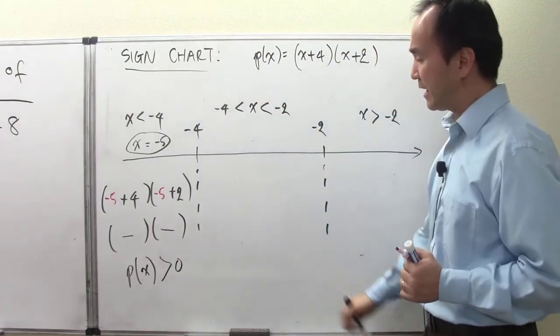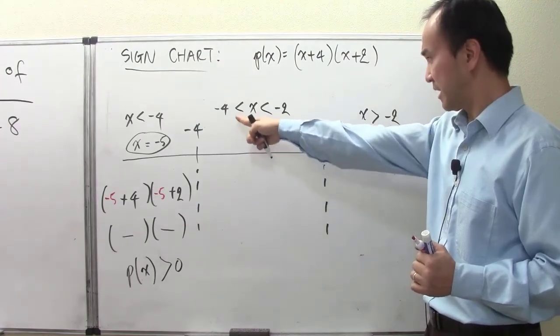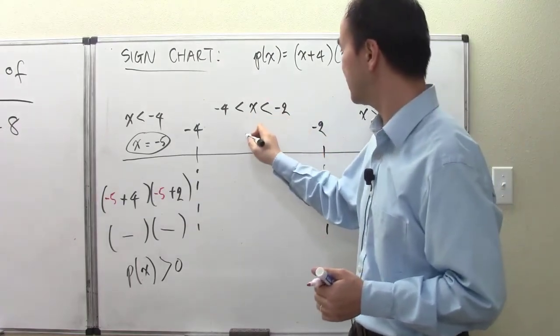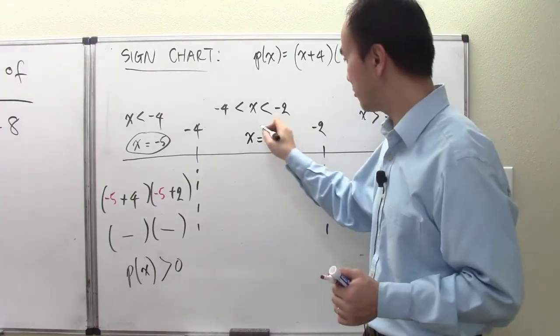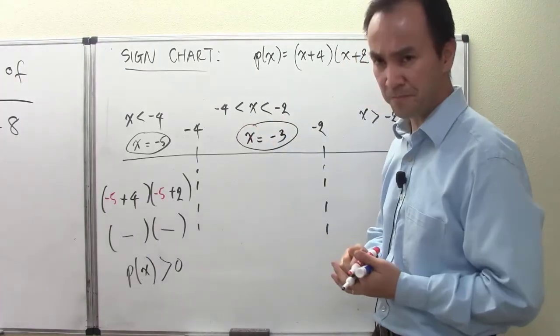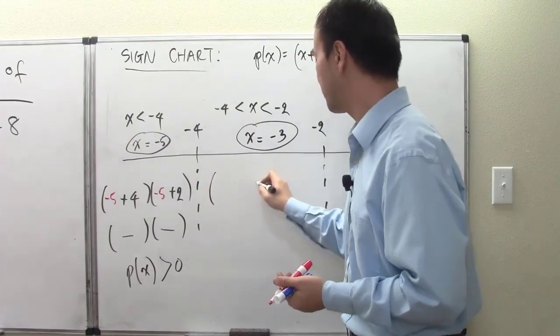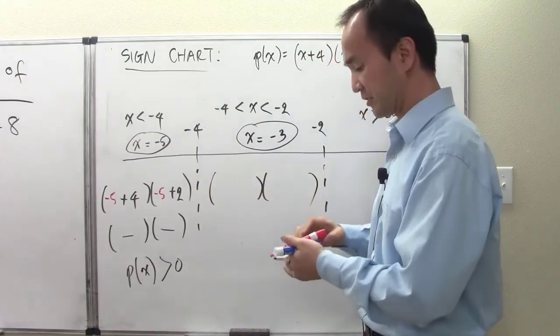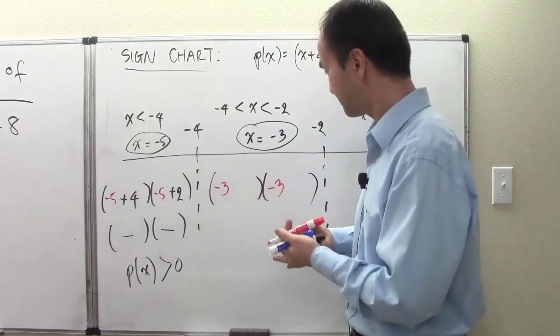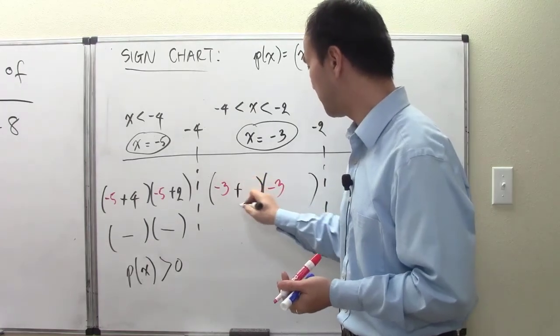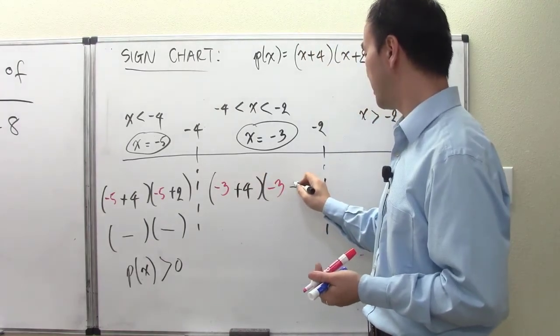Now in the interval between -4 and -2, let's pick x equals -3. It's a value between -4 and -2. Again, I'm going to produce two factors with -3 substituted in: -3 plus 4 and -3 plus 2.